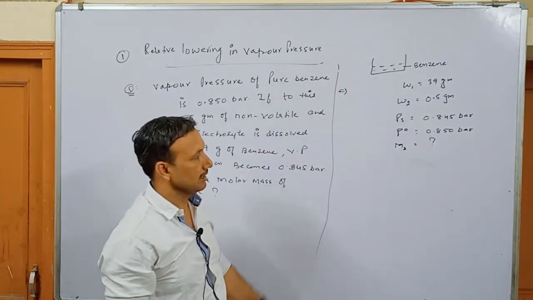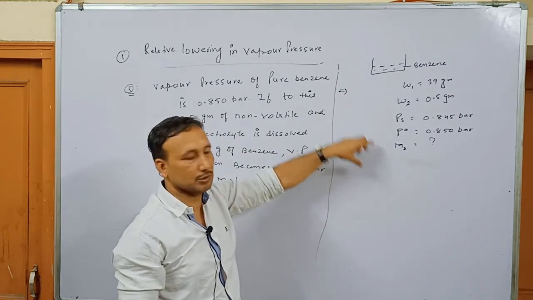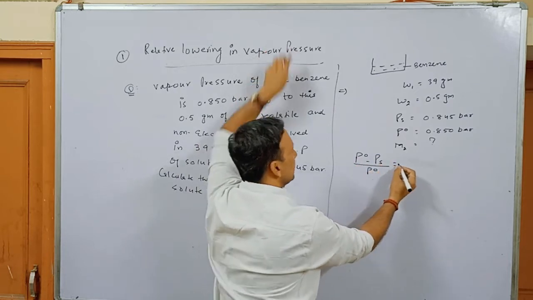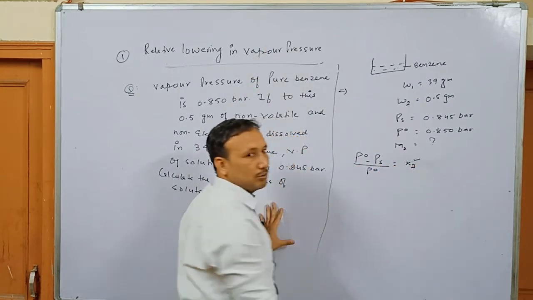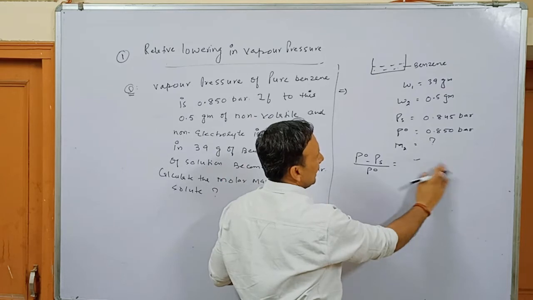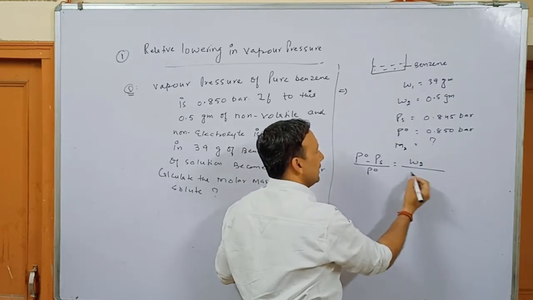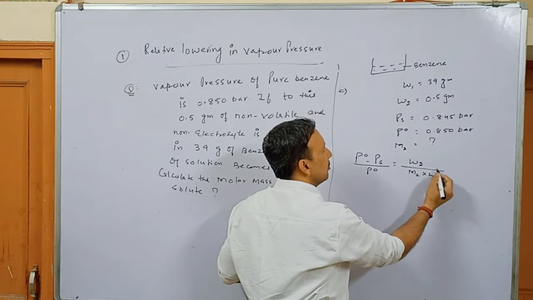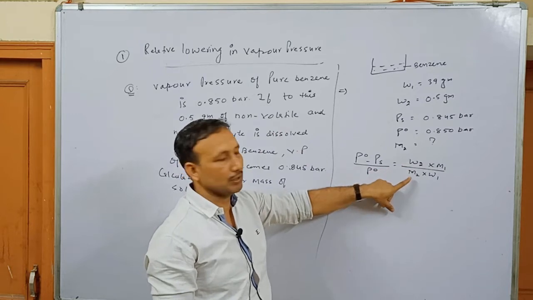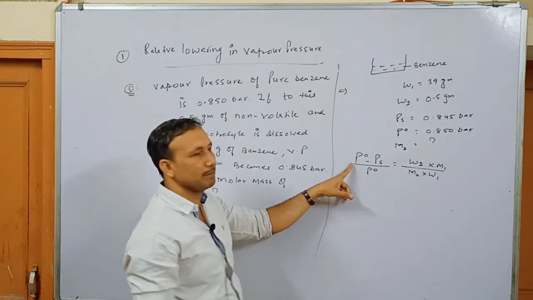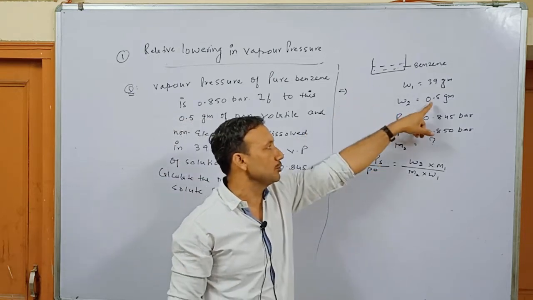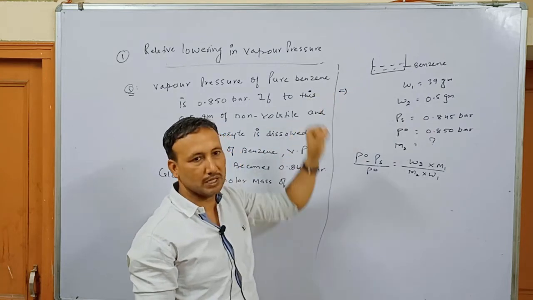This is our target. And the formula used for calculation of molar mass of solute is (P0 − Ps)/P0 is equal to X2. And what is X2? X2 is the mole fraction of non-volatile solid solute, that is (W2/M2) into (W1/M1). So our target is to calculate the molar mass of non-volatile solute. P0 is the vapor pressure of pure benzene and Ps is the vapor pressure of solution which is formed by dissolving 0.5 gram of non-volatile solid solute.